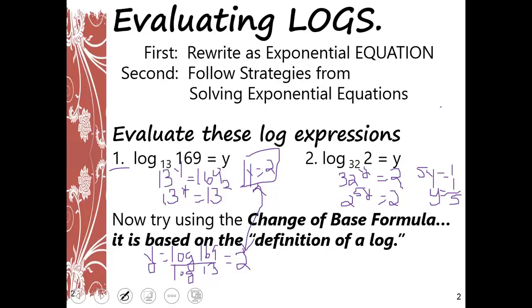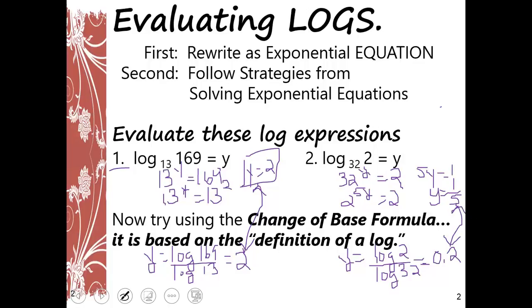That's a good thing, right? In this case, we could say that the value of y has to equal log base 10 of the number 2 divided by log base 10 of the number 32. When you plug that into your calculator, you should get 0.2, which is the equivalent of 1/5.